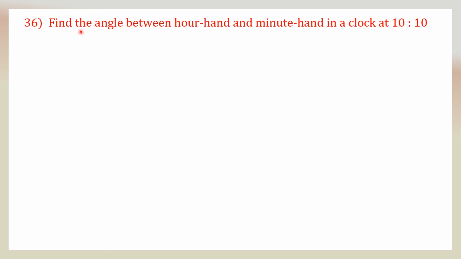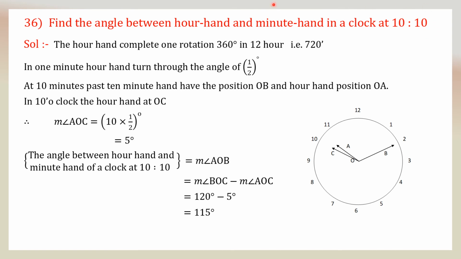Example number 36. Find the angle between the hour hand and minute hand in a clock at 10 hours 10 minutes. Solution. The hour hand completes one rotation of 360 degrees in 12 hours, that is in 720 minutes. In 1 minute, the hour hand turns through an angle of 360 divided by 720, that is 1 divided by 2 degree.